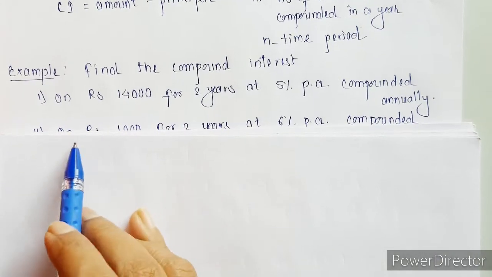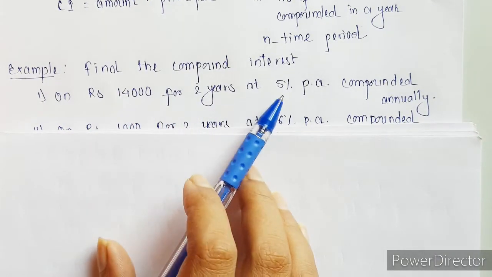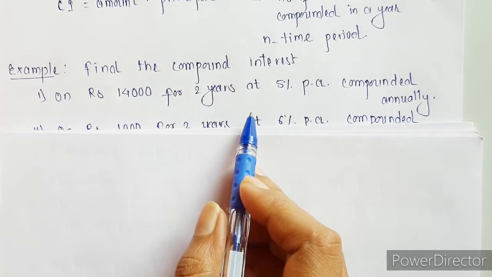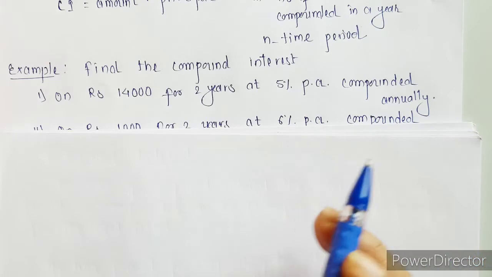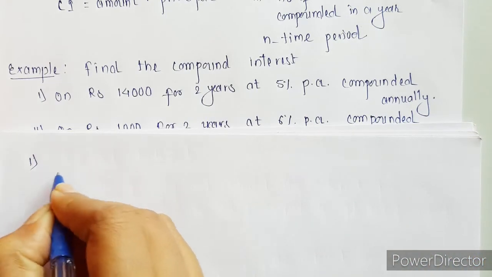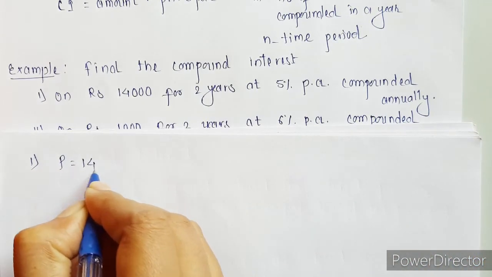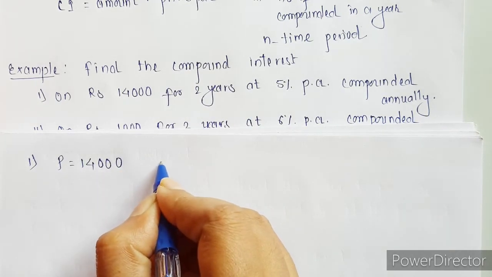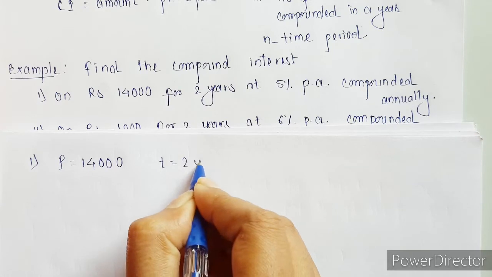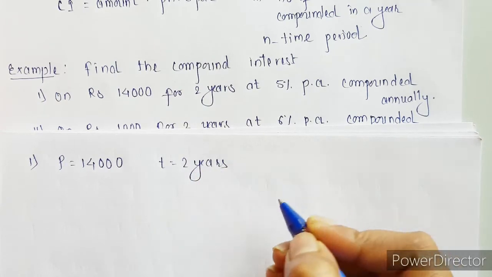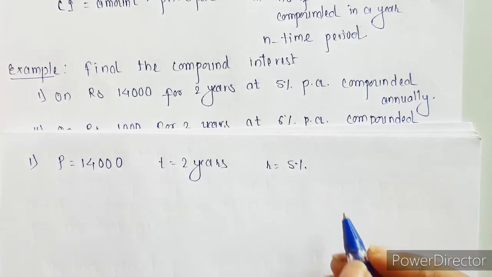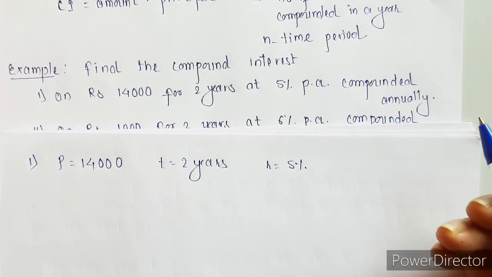The principal amount we are investing is 14,000, for a time period of 2 years, at the rate of interest 5%, compounded annually.